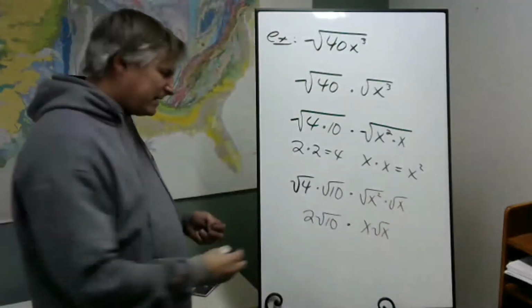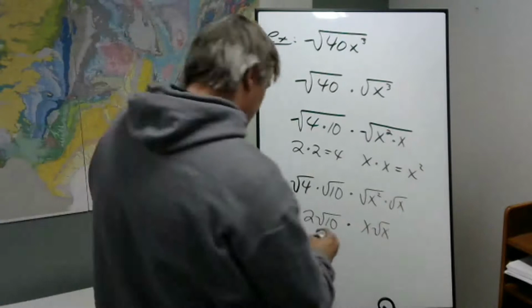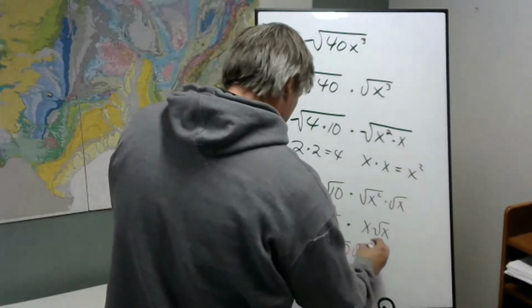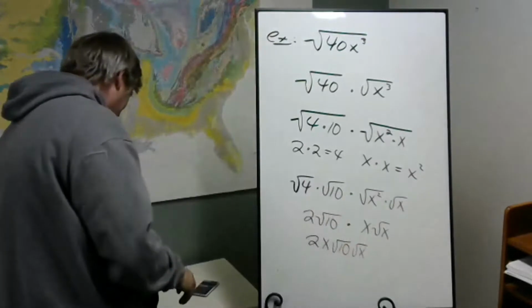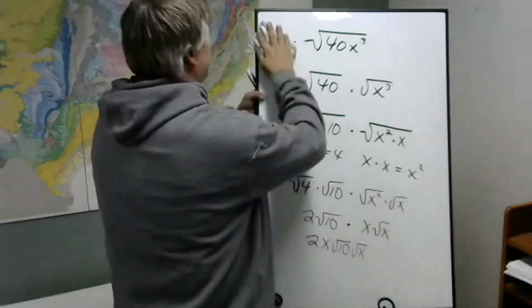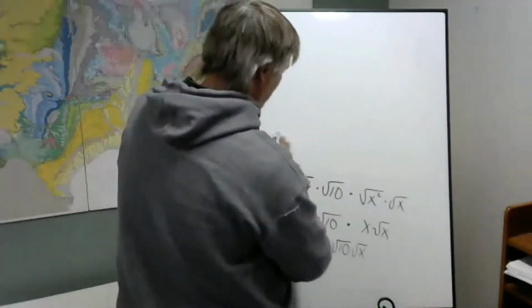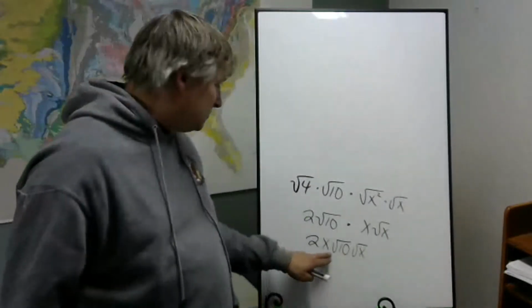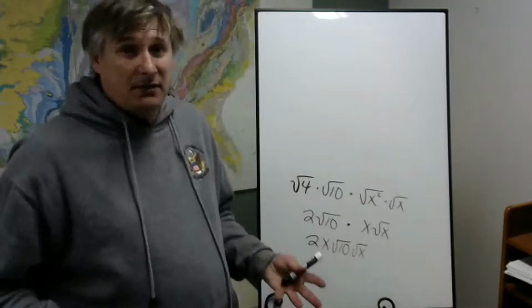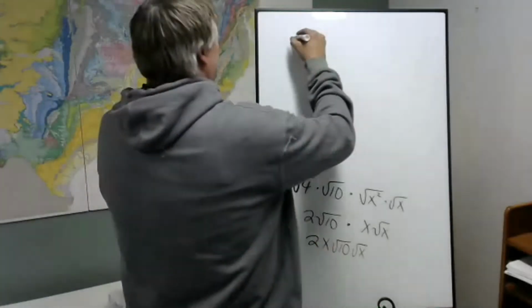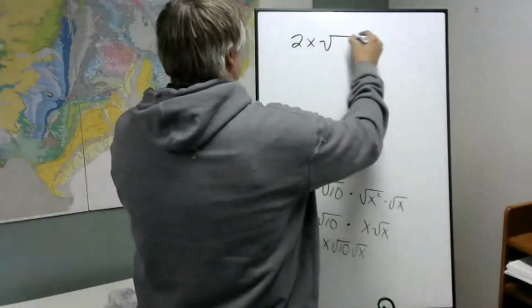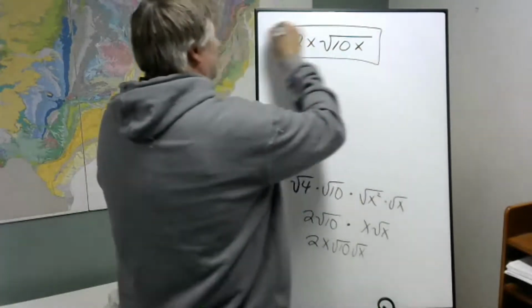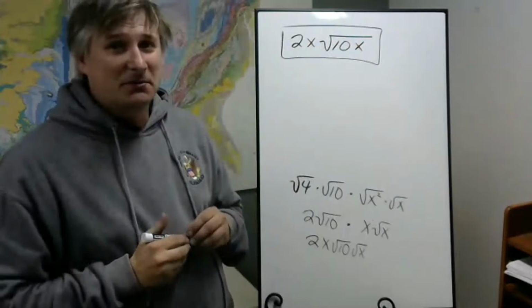And when we combine these, again, we'll put the roots last. We'll get the 2x, square root 10, square root x. Now, square root 10 and square root x, if we merge these, because they do have the same root, that just cleans things up. And that's going to give us our answer.